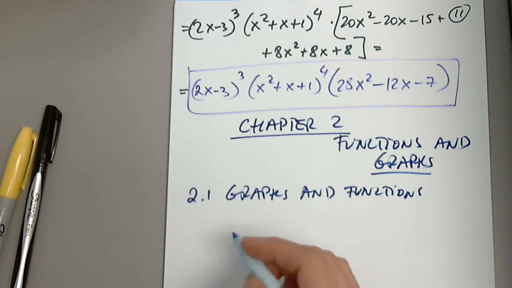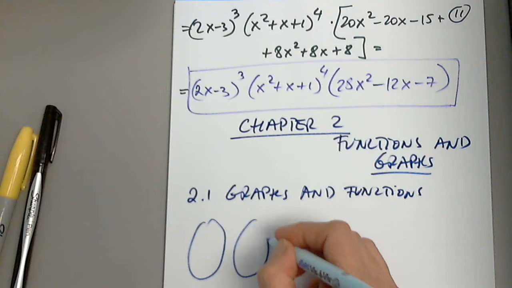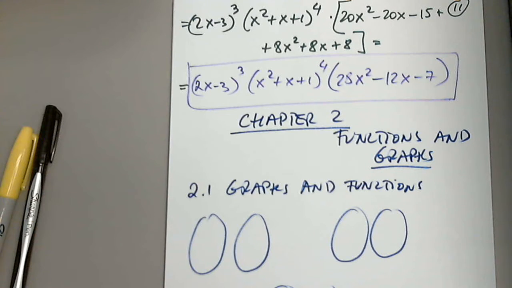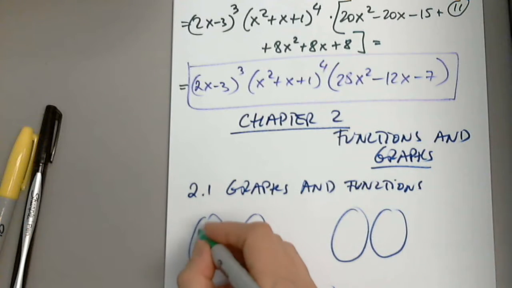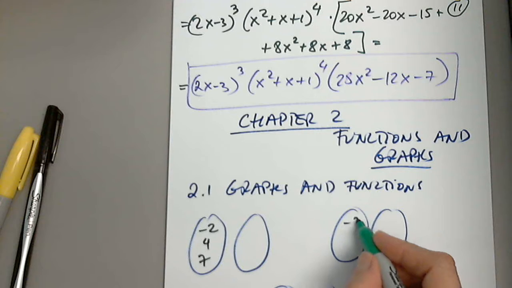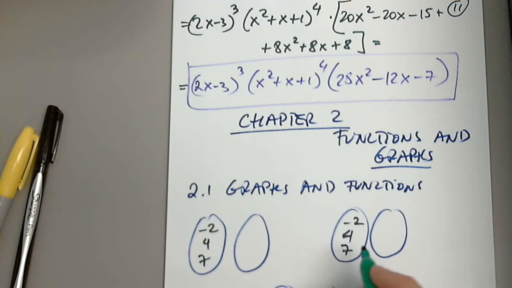Okay, so let's look at 3 sets of bubbles first. This is the first set, here's the second set, and here's the third set of bubbles. I'm just going to pick some numbers. I'm going to say negative 2, 4, and 7 in all of them, the first set.